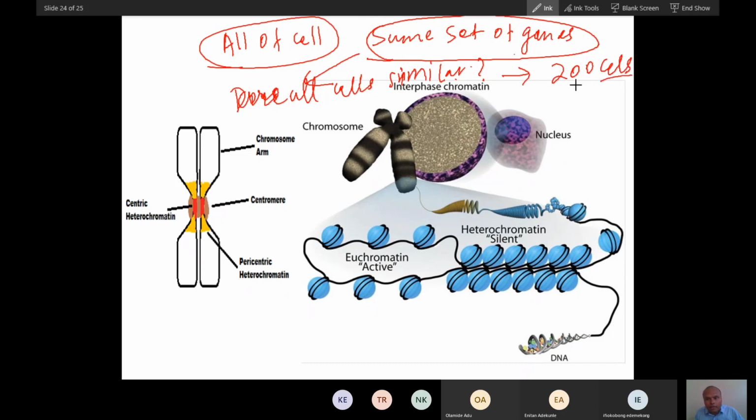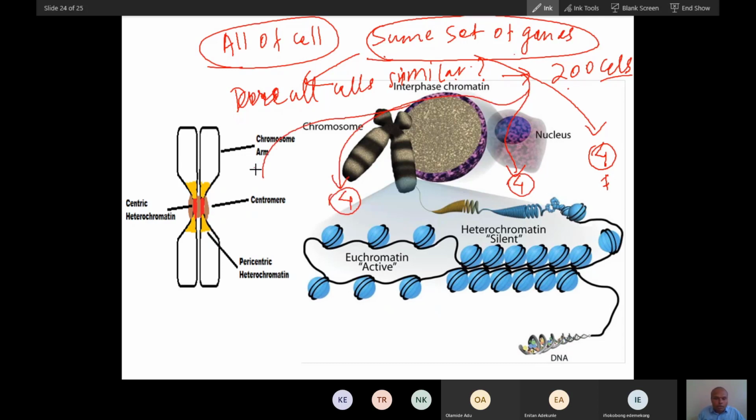Why are they different? They are different because in these cells, all sets of genes are present, but among this set, let's say a set of 4 genes will be active in one cell. Another set of 4 will be active in another cell.